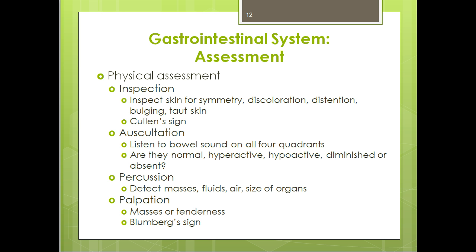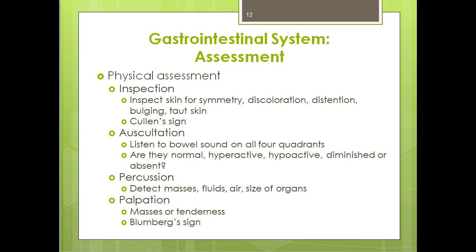These sounds are usually heard in a patient who has, for instance, diarrhea, or gastroenteritis, or what they call a complete intestinal obstruction.